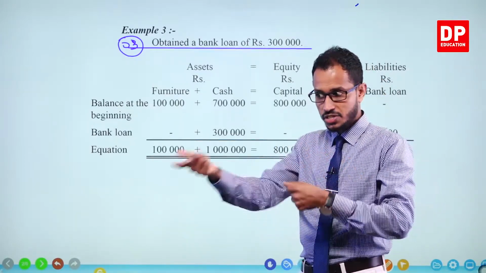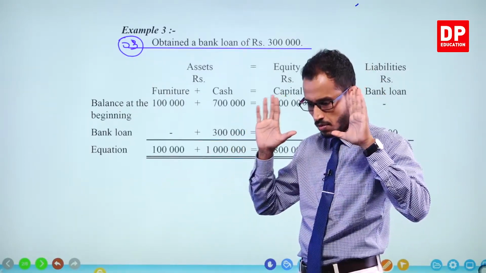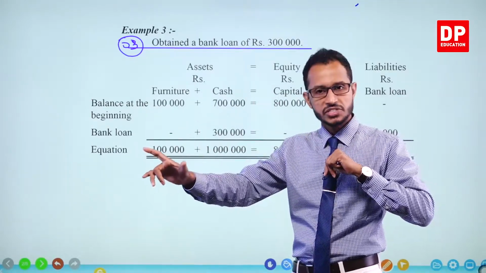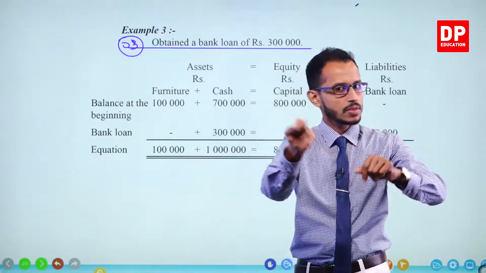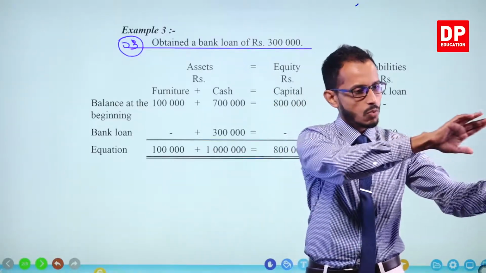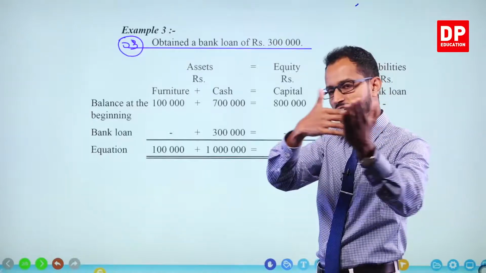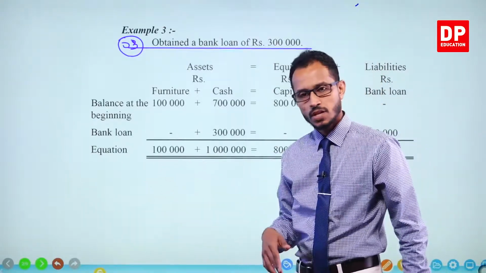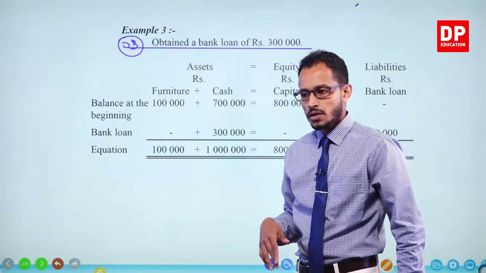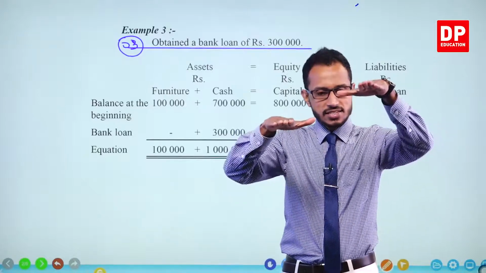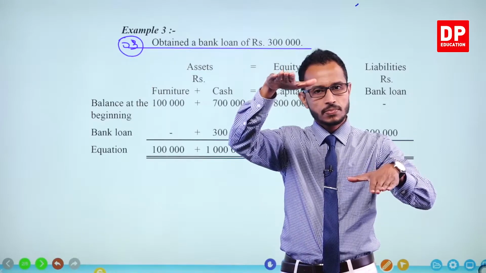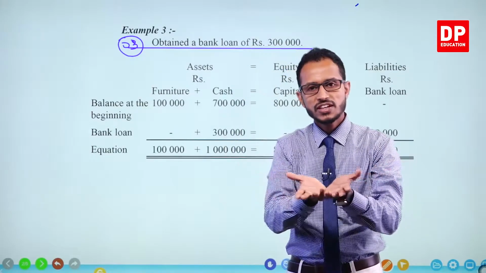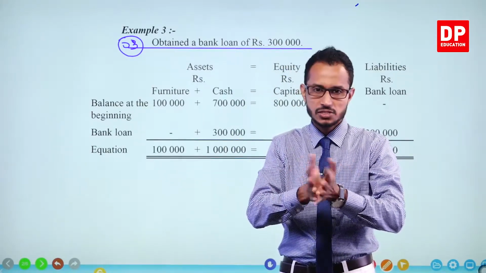And the second transaction was purchasing of furniture. 100,000 was spent and 100,000 worth of furniture bought to the business. Then cash asset decreased, furniture asset increased. Both effects happened under assets.